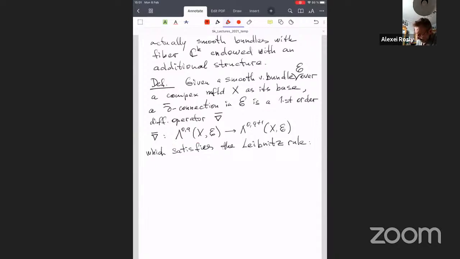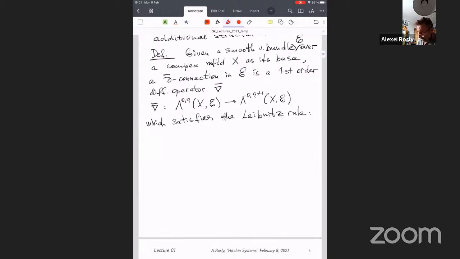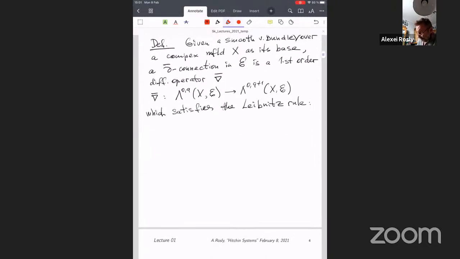Then the Leibniz rule means the following. We can multiply elements from this space with ordinary 0,q forms, and we have the Dolbeault operator on 0,q forms.